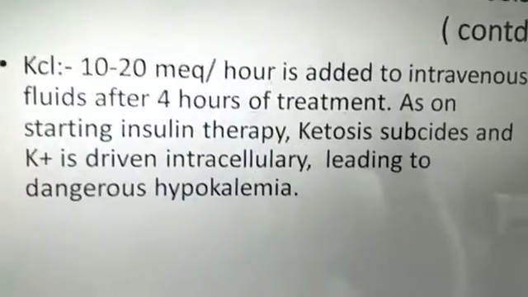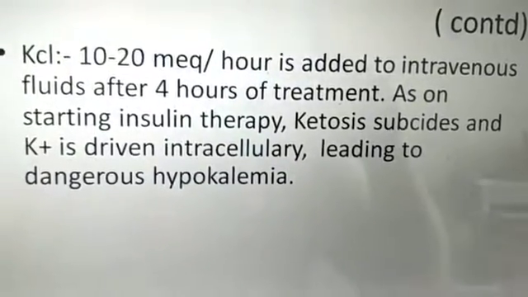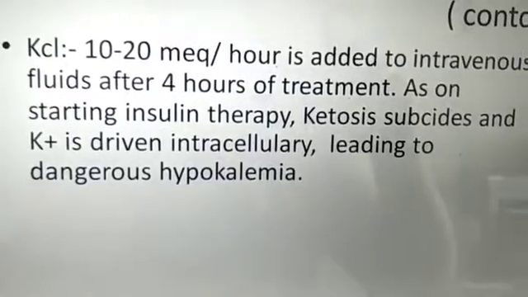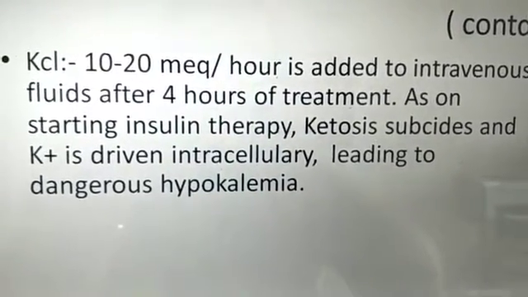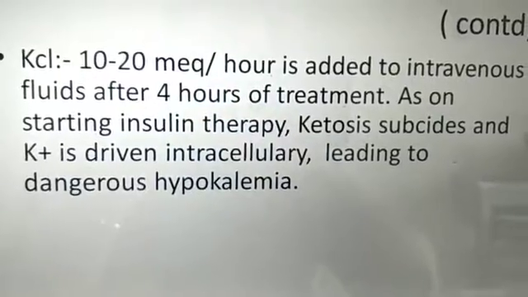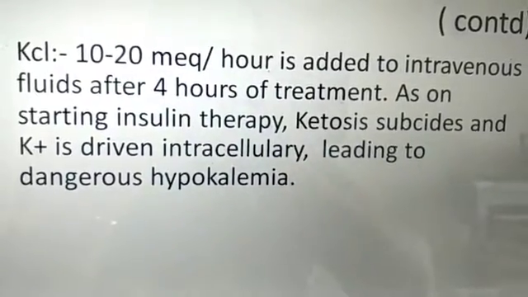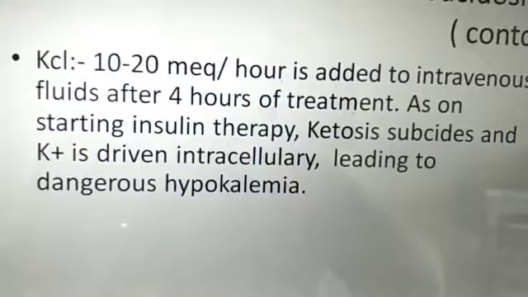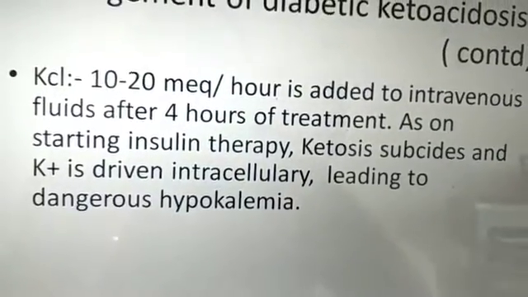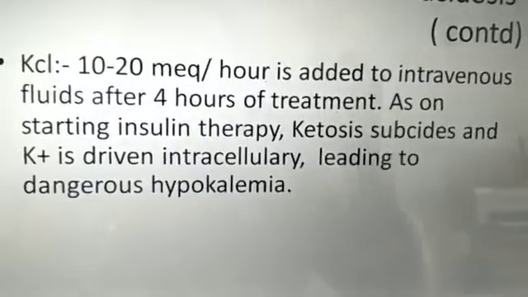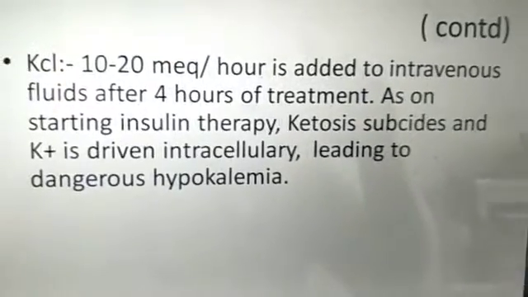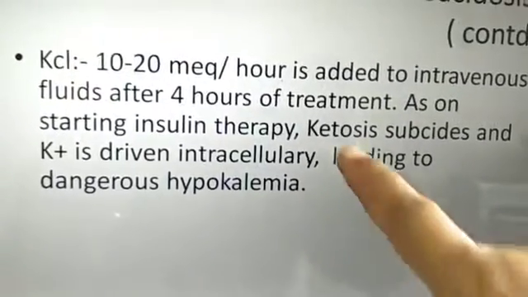Now, what is the rationale behind the use of potassium chloride in diabetic ketoacidosis? When insulin therapy is started, glucose utilization increases, the fat breakdown stops or is reduced, ketone bodies are not being synthesized now, so ketosis subsides.